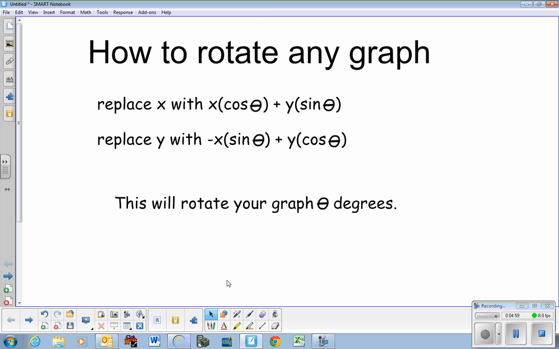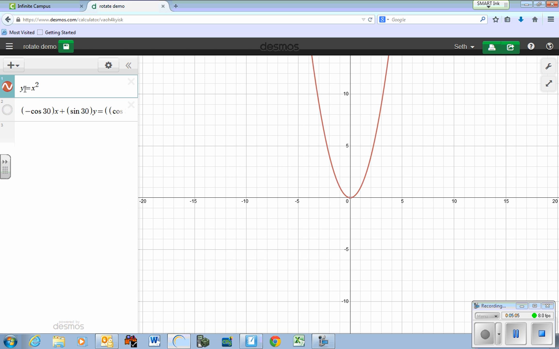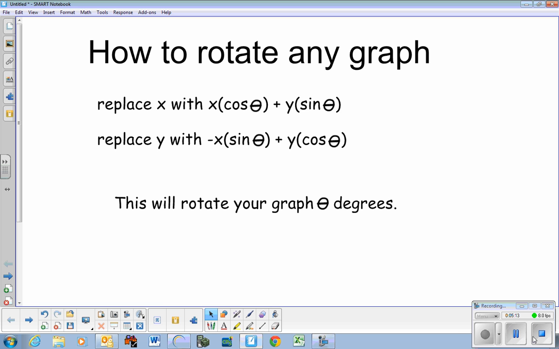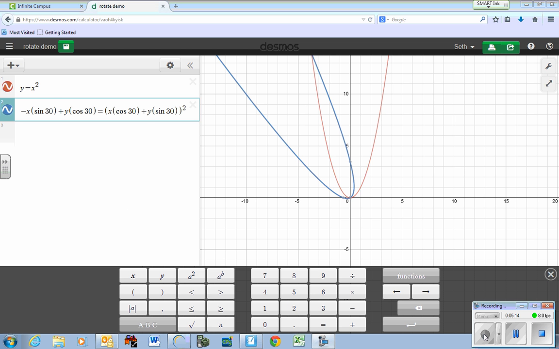Let's start with the y on the left of this equation: negative x sine theta plus y cosine theta. I literally need to take out the y and put in all of this stuff. Okay, forgive me for that little hiccup. I needed to adjust my graph in Desmos. What I did is I took this y out and replaced it with negative x sine 30 plus y cosine 30.